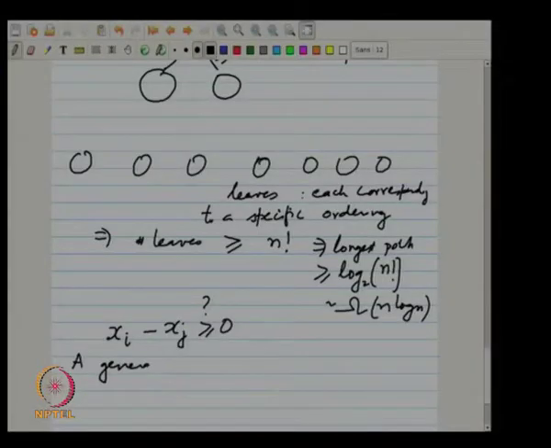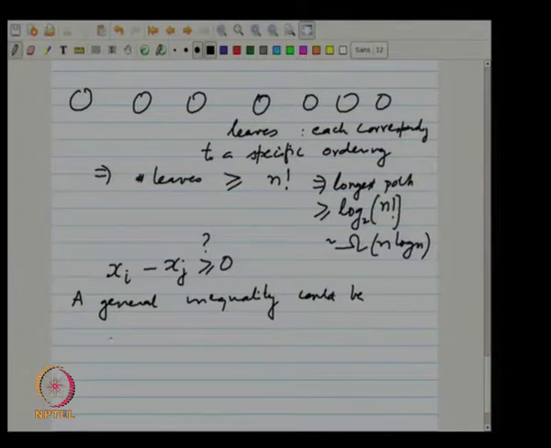A more general inequality could be another test, more general than comparison, but still linear.